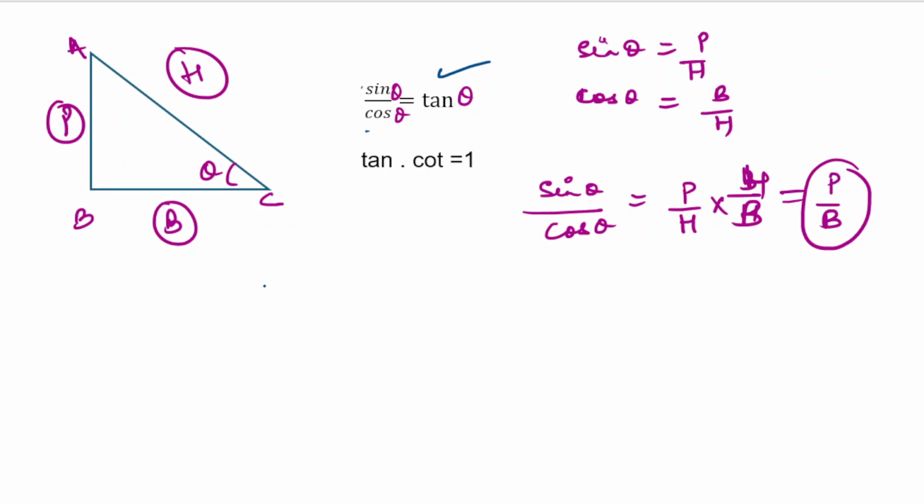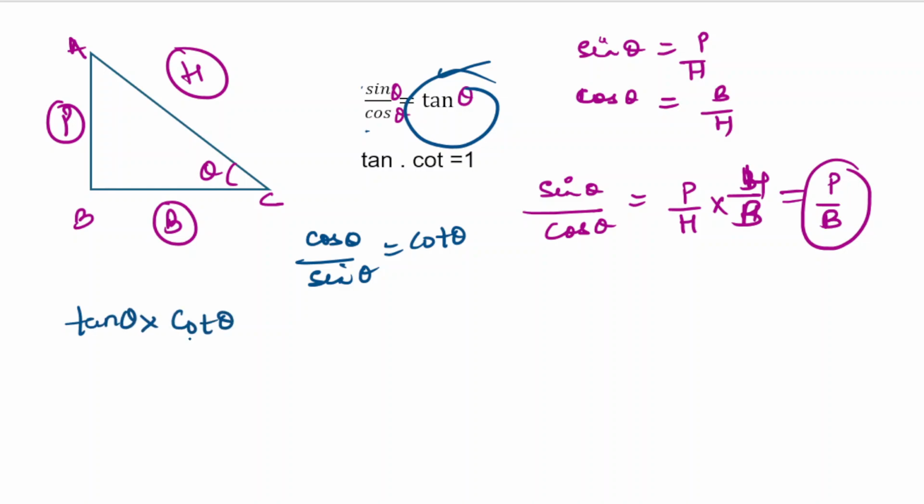A similar relationship you can find with cos theta divided by sine theta, which is equal to cot theta, the opposite of tan theta. And when you multiply tan theta by cot theta, what do you get? Perpendicular upon base into base upon perpendicular, you get 1.